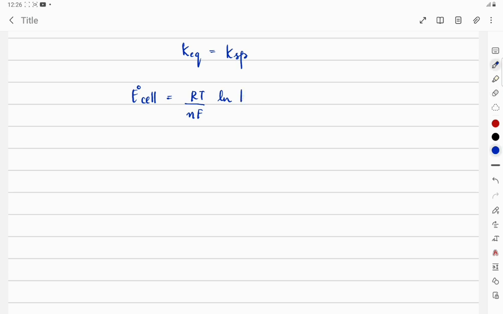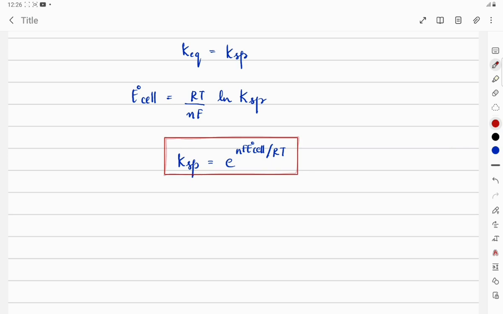So I can write it as ln KSP. So what will be KSP? Same as K equilibrium, e raised to nFE0 cell divided by RT. This is how you can find KSP from the E0 value of the solution.